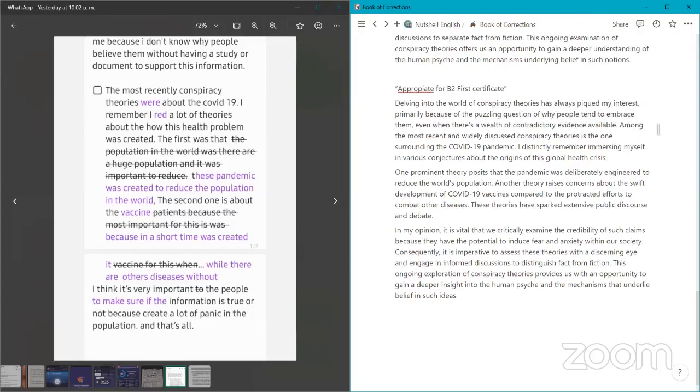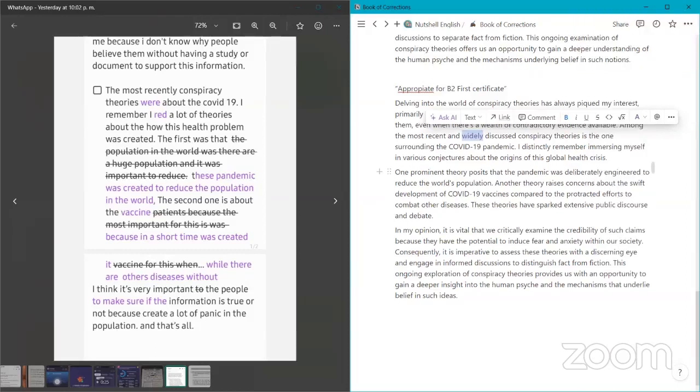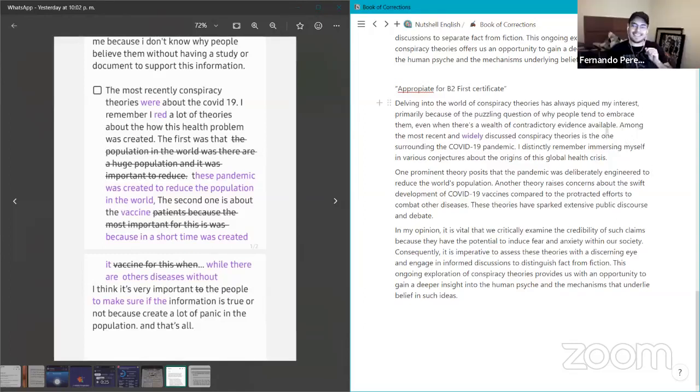Among the most recent and widely discussed conspiracy theories is the one surrounding the COVID-19 pandemic.